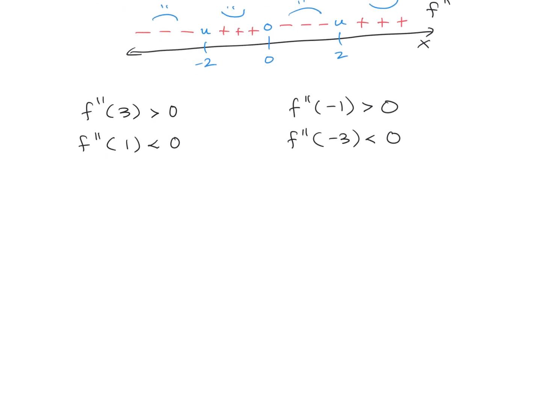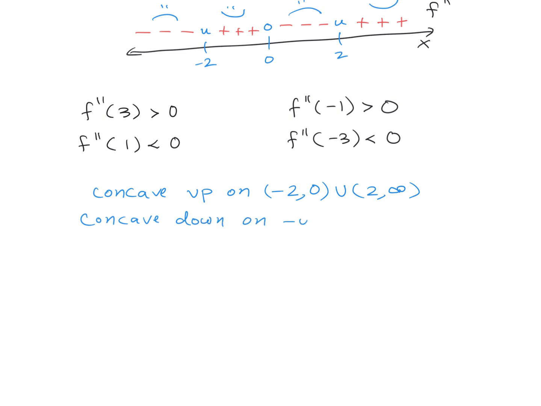So we're going to be concave up on negative 2 to 0, union 2 to infinity. We're going to be concave down on the interval from negative infinity to negative 2, union 0 to 2.